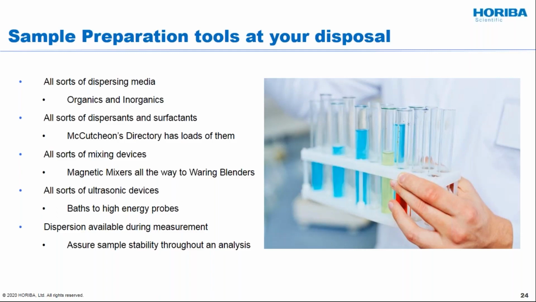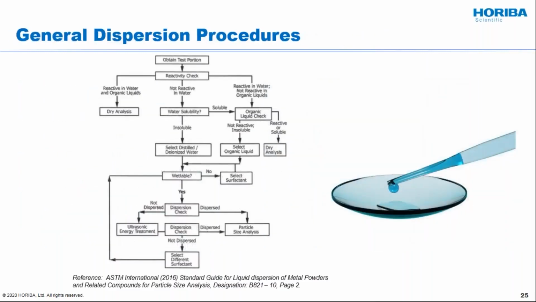Some of the instruments you'll look at recognize that you might have unstable samples, and they actually will keep dispersing your sample as you're getting ready to do your analysis. So again, a whole variety of questions you're going to have to answer as you go into this. Here, this is a kind of logic tree for doing dispersion, and it comes from ASTM committee B9, the powdered metal folks.